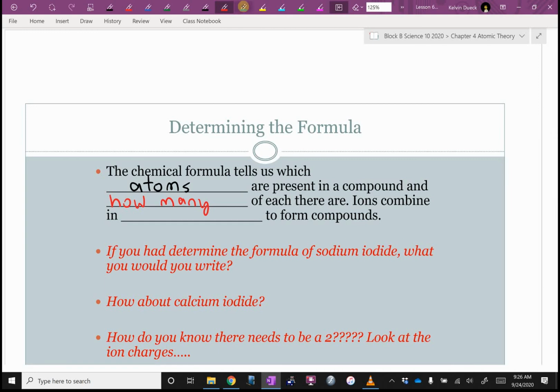Ions combine in set ways to form compounds. You may have learned something last year called the Crisscross Rule or the crisscross trick. So let's suppose that I want to combine sodium iodide. And I don't think I have this in your notes, so just look up.